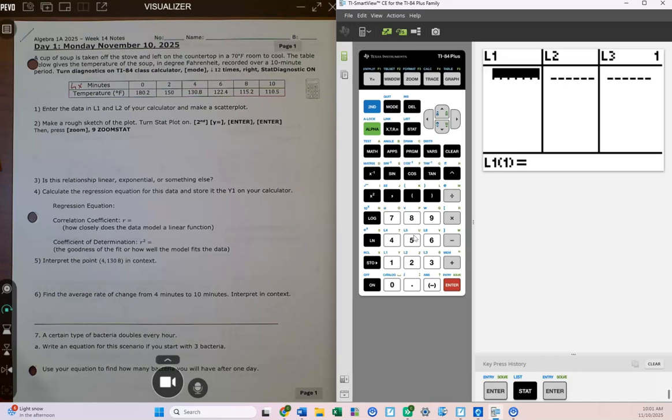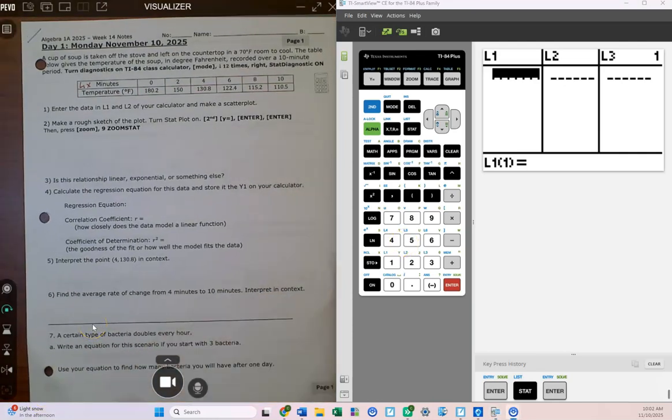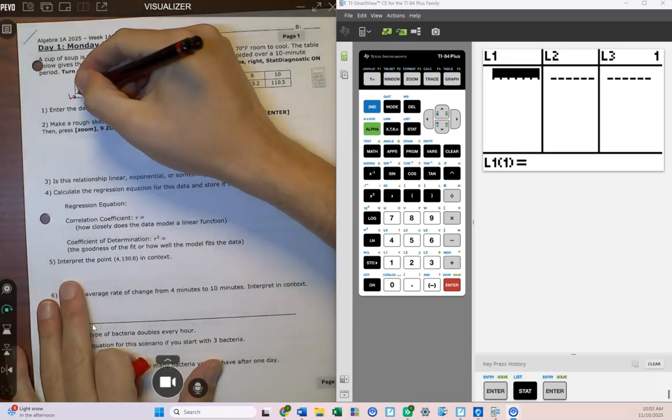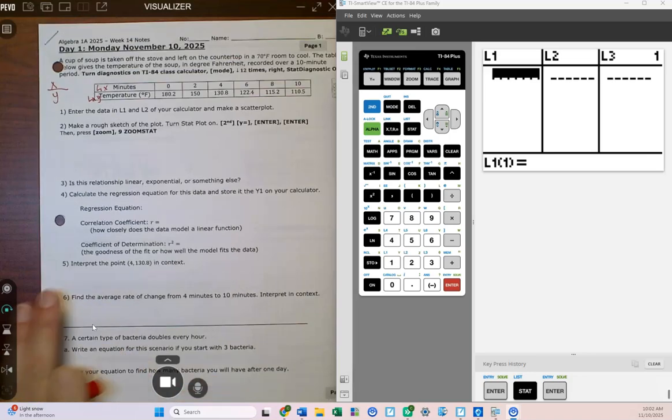Okay, got the numpad. Pause it. Ready. I got my numpad ready. L1 is X, L2 is Y, and in a horizontal table, it's always X, Y like that.